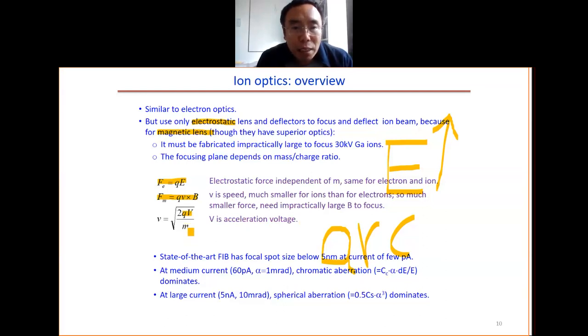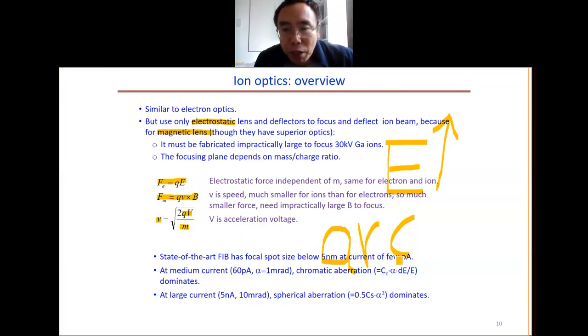Because the mass of ions is very big, the speed is very small. When we have very small speed, you need a really big magnetic field to have the same force. But it is not easy to generate a very high magnetic field. As a result, we use an electrostatic lens to focus ions, even though it is not as good as the magnetic lens in focusing properties. But we cannot have such a big magnetic field, so we have no choice.